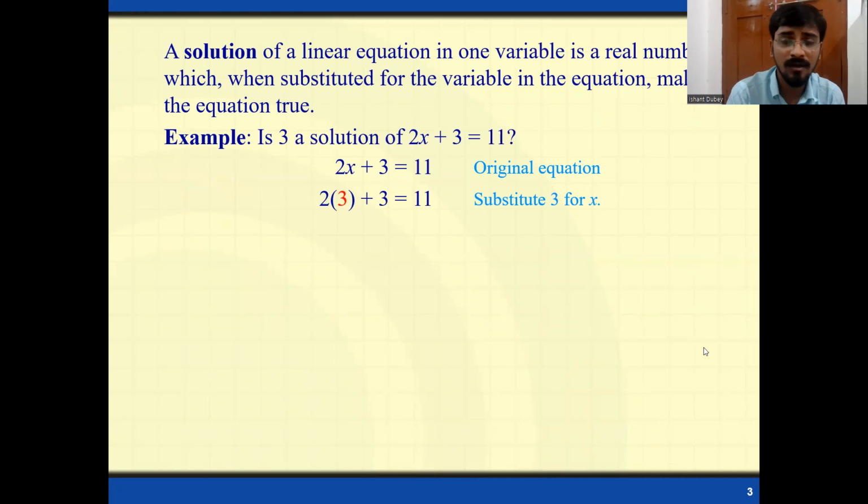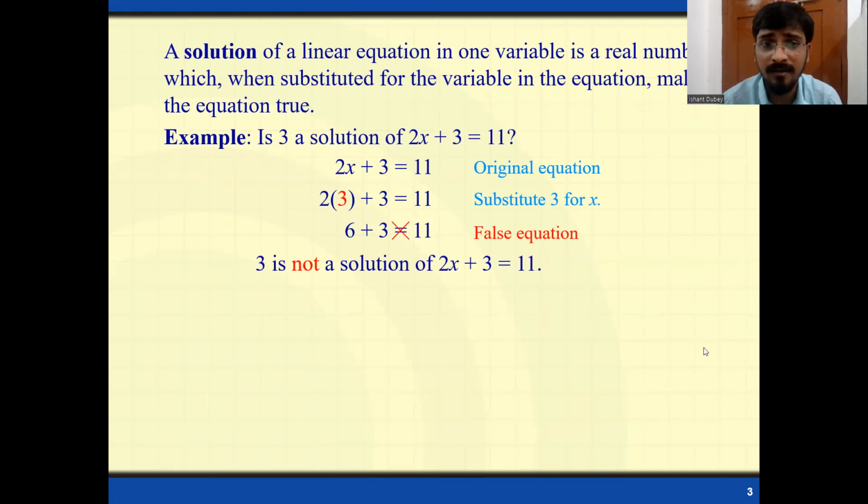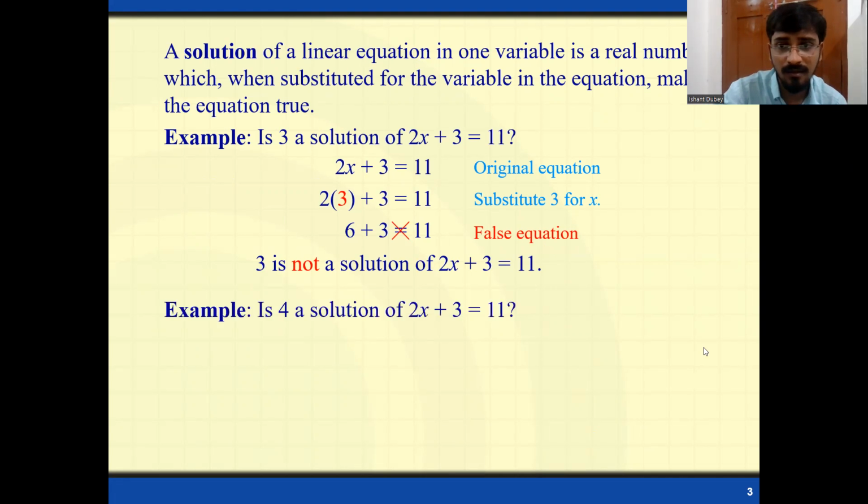So 2 times 3 gives 6, plus 3, that is 9. Left hand side we are getting 9, but right hand side is 11. So the equation is not satisfied, right? Both sides are not equal. So we can say 3 is not a solution of the given equation 2x plus 3 equals 11. Is it clear? Fine.